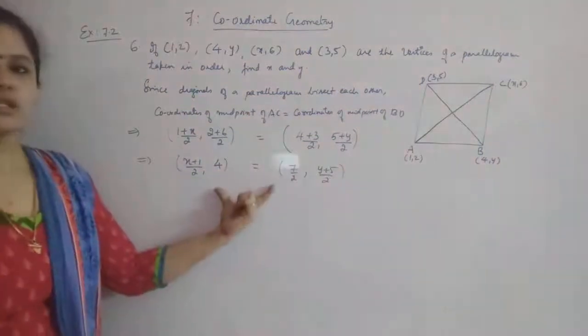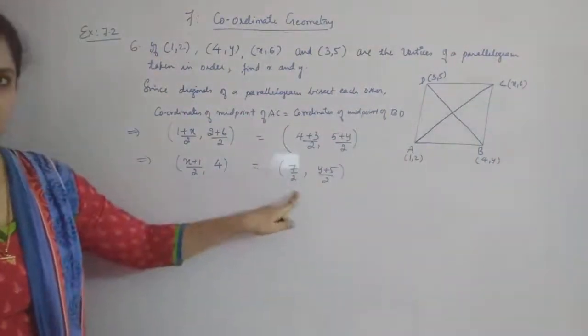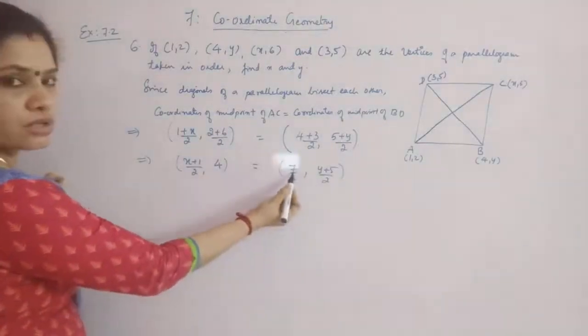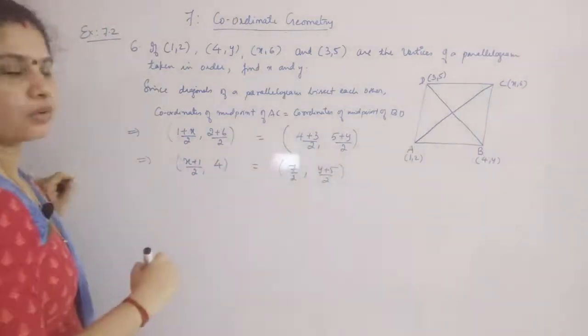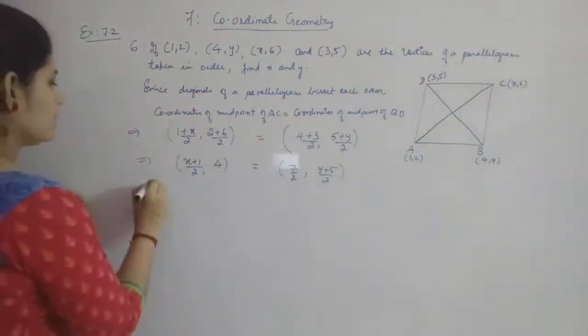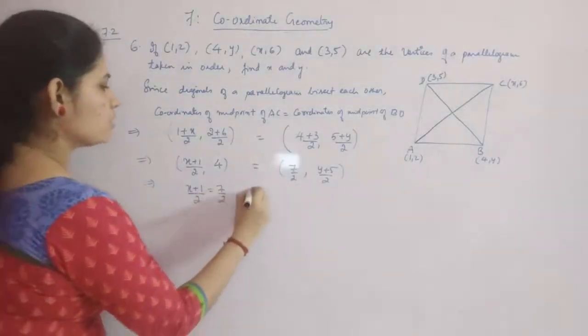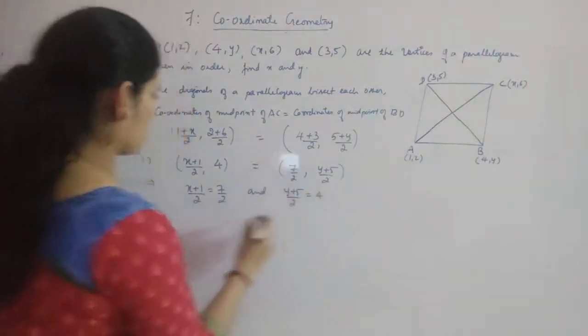Now we know that two points are equal if their corresponding coordinates are equal. Corresponding coordinates means the first coordinate is equal to the first coordinate of the second point, and the second coordinate is equal to the second coordinate of the second point. Okay, that means this will give you (x plus 1) by 2 is equal to 7 by 2 and (y plus 5) by 2 is equal to 4.